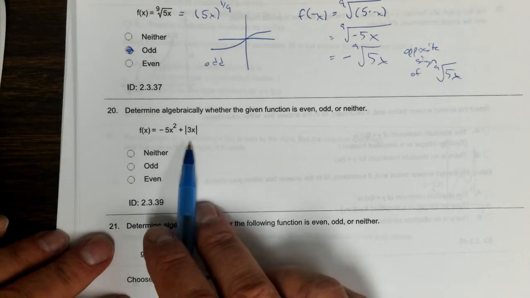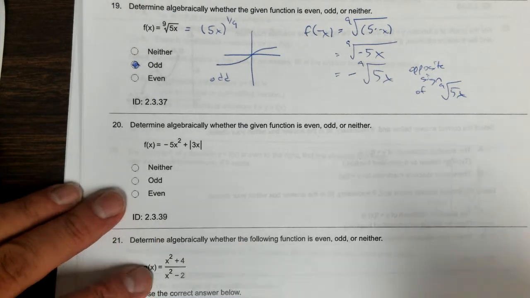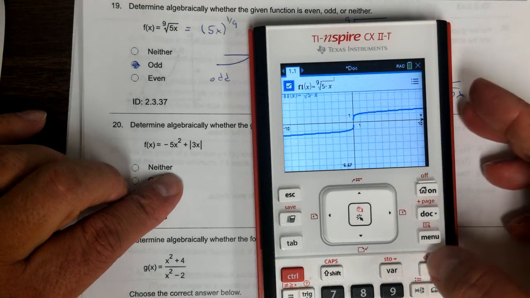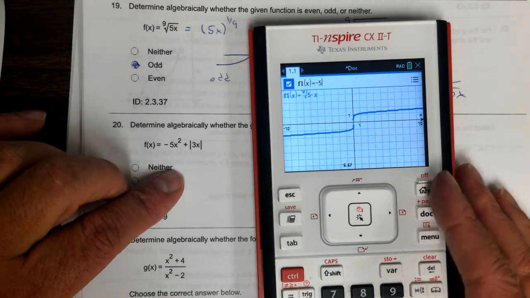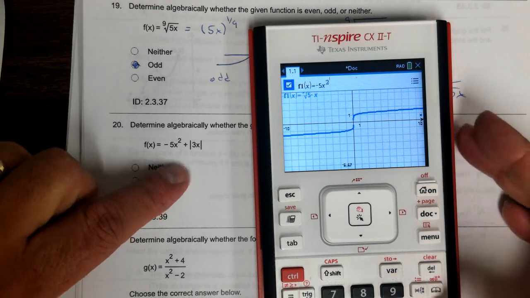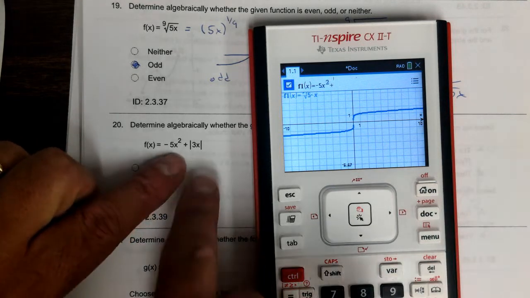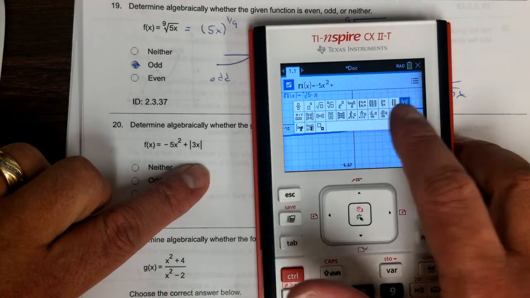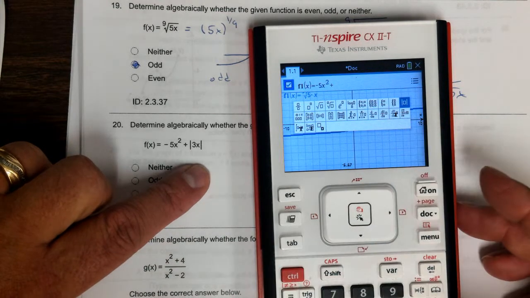Okay, number 20. Graph of this one, negative 5x squared plus, okay, now we're doing the absolute value symbols, so that's to the right of the 9, and it's right there on the right side.